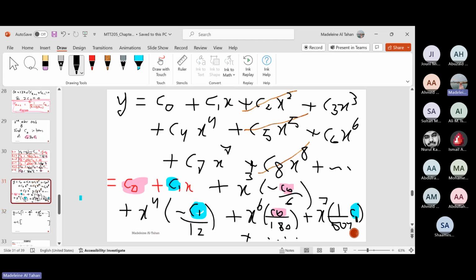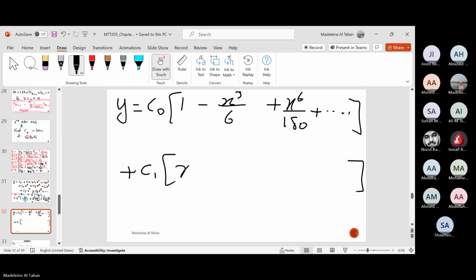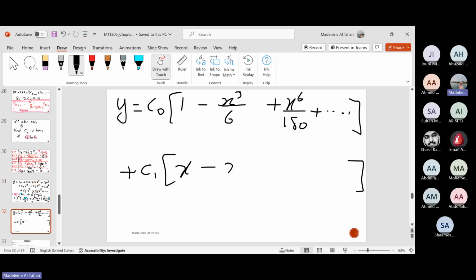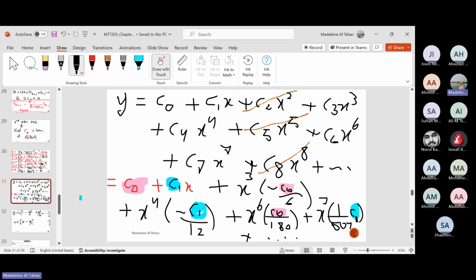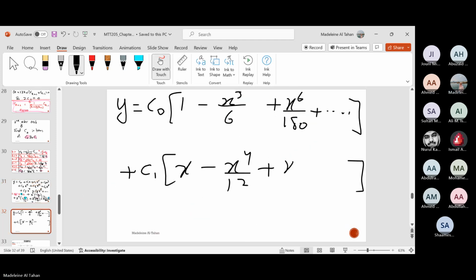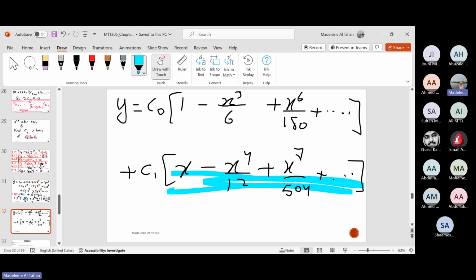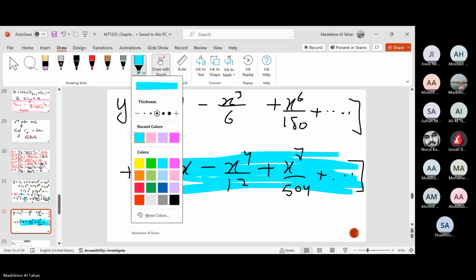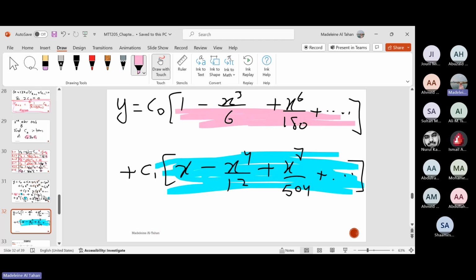C1 x minus x4 over 12 plus x7 over 504 plus these ones. This one is the blue part. And this one is our pink part.